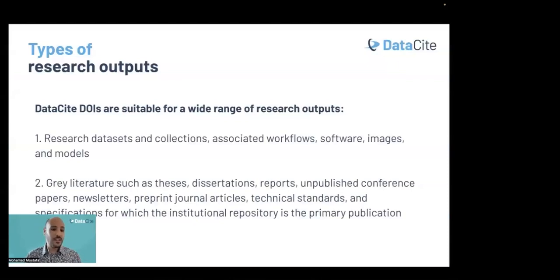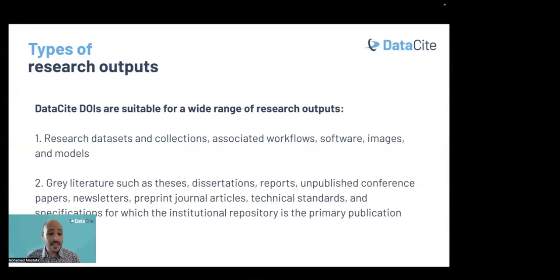Digital object identifiers, as I said, so there is a wide range of research outputs and resources that DataCite DOIs can support. So we have research datasets and collections associated with the workflows. We have the software, we have the images, the samples, the models that have been produced while conducting the research.